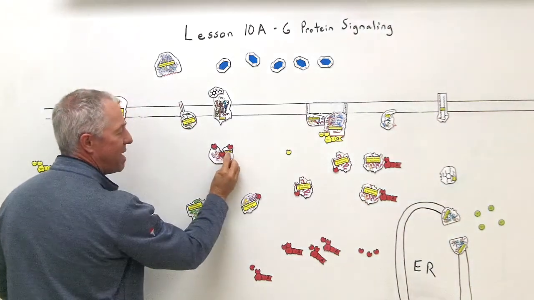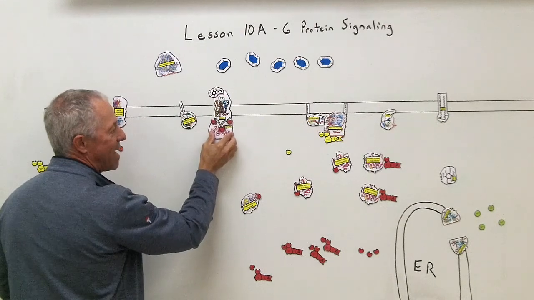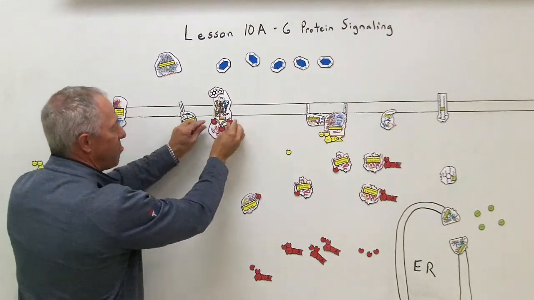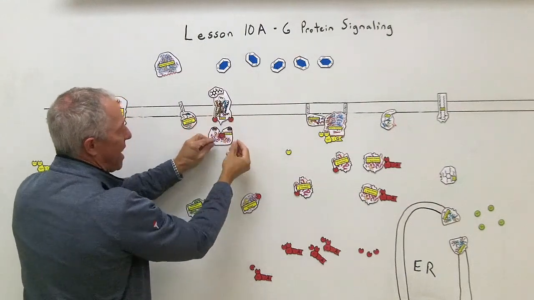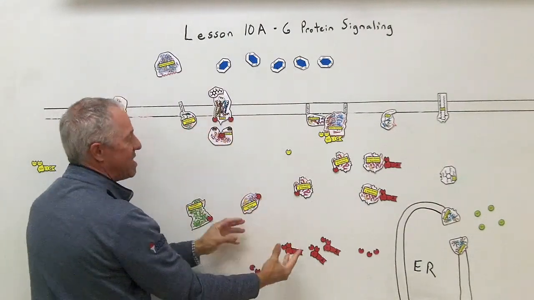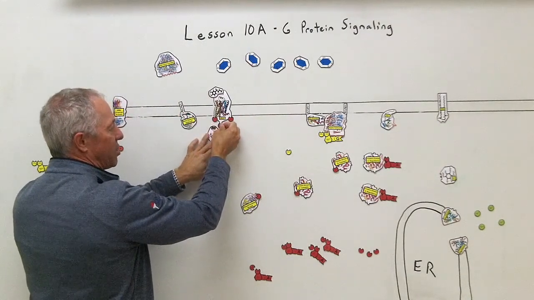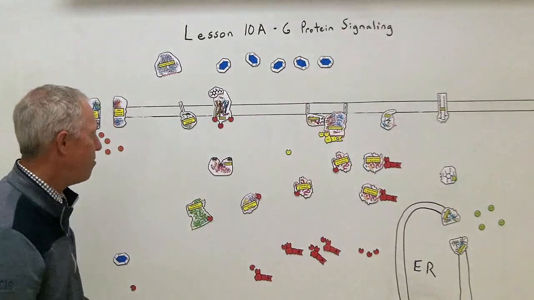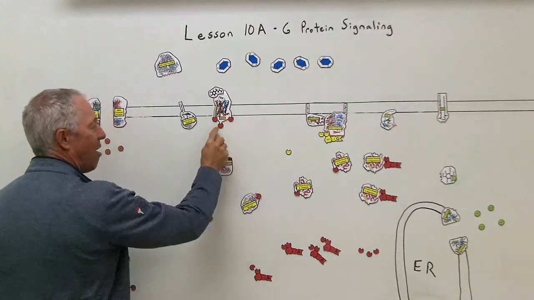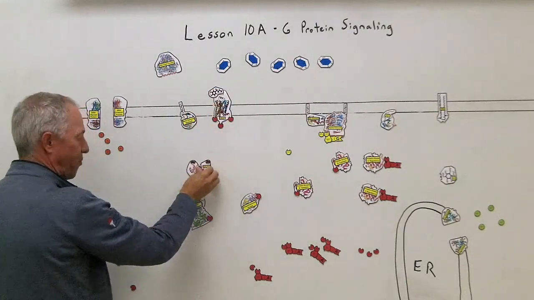So this GPCRK, this kinase, will come up, attach to the G protein coupled receptor, and phosphorylate it. Now, it actually phosphorylates it by having ATP drop off phosphates, but I just like to show it like this, dropping off phosphates there. You don't have to show it that way, but you can. And now this receptor has been phosphorylated.